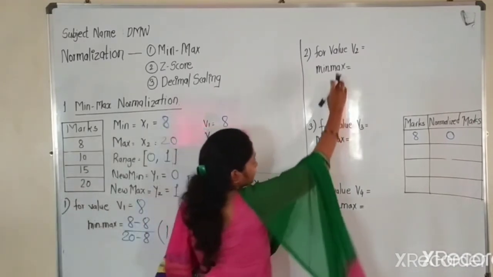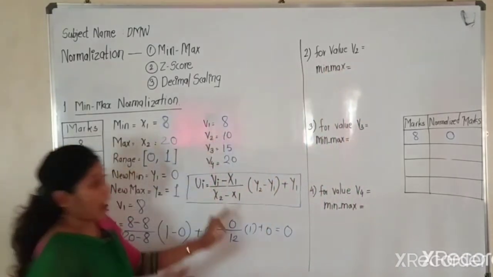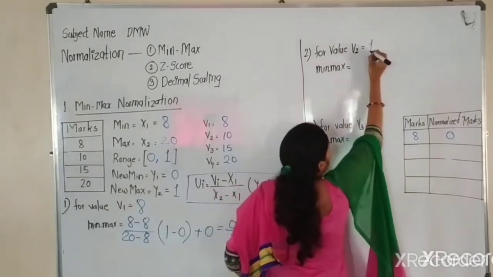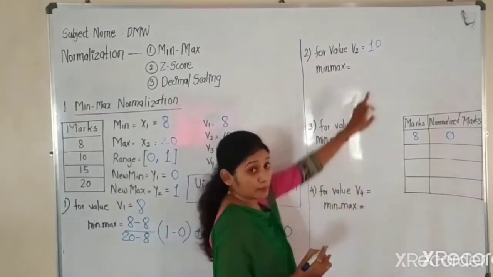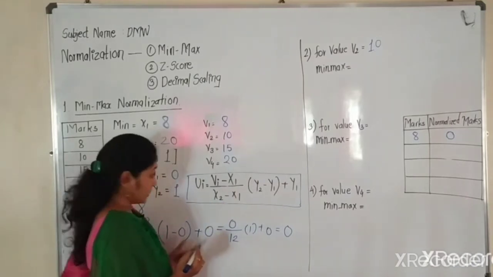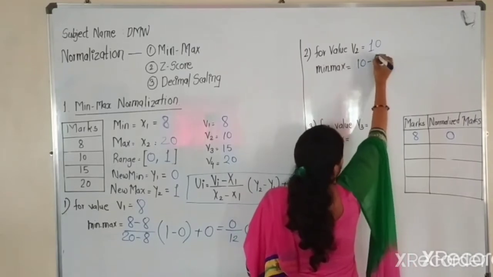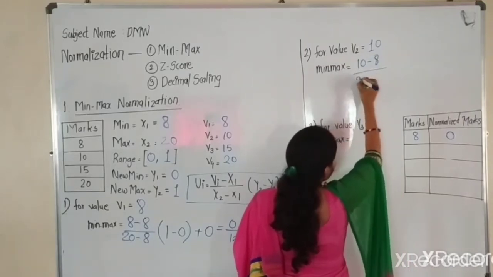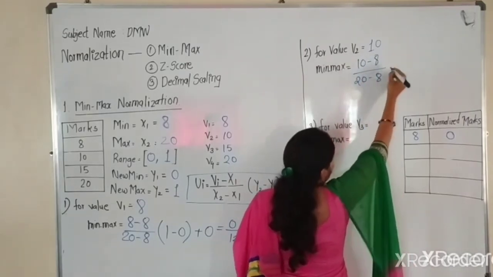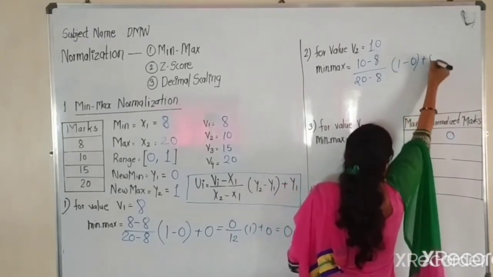Then next, for value v2. What is the value of v2 here? It is 10. So I will apply the value v2, that is 10. Now we have to apply the min max formula in the same way as we did previously. So it becomes 10 minus min, that is 8, divided by max minus min, into new max minus new min, plus new min.